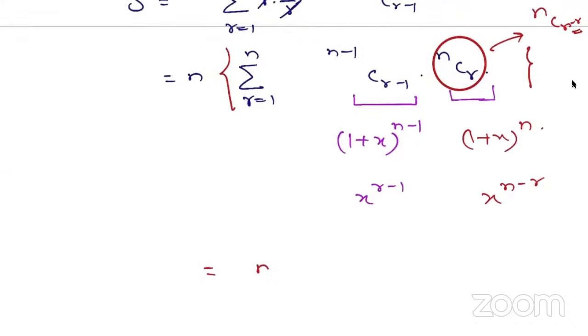So I'm getting n into 2n minus 1 Cn minus 1. If you add both the powers, you are getting 2n minus 1. So n into 2n minus 1 Cn minus 1.